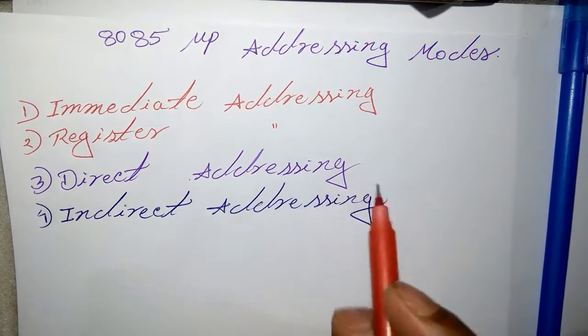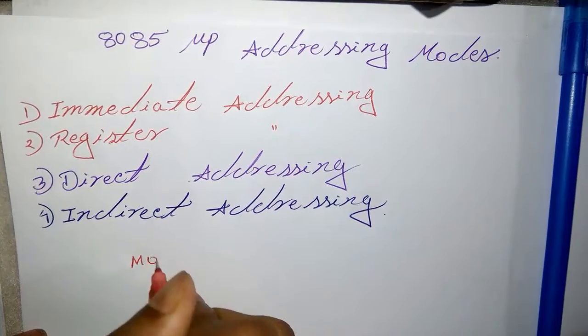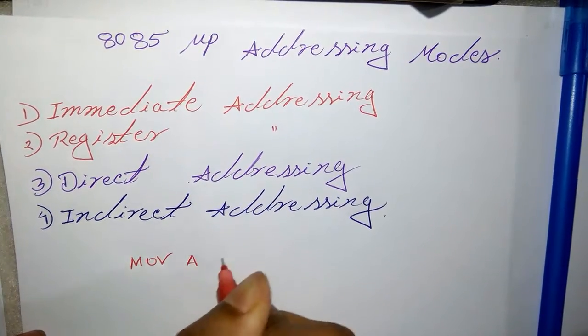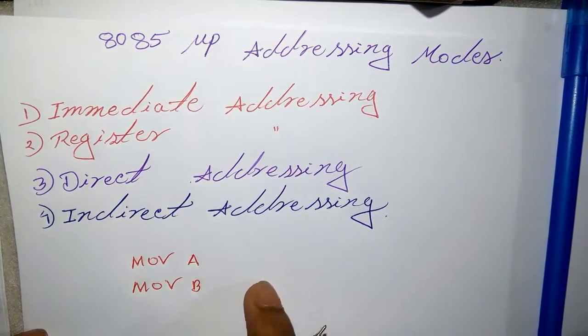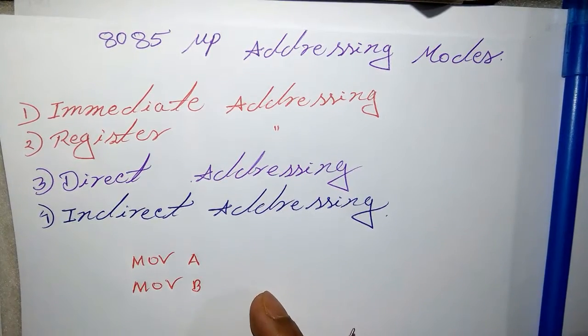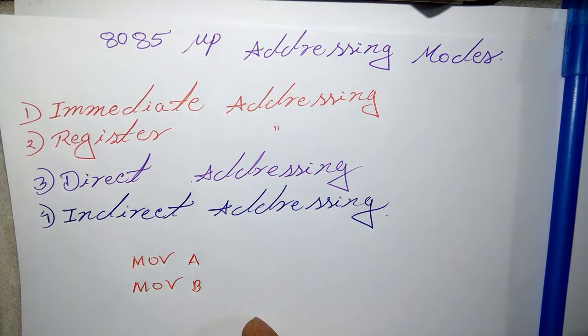So, the instructions we use, like MOV A or MOV B or something like that, are used to copy data from a source into a destination.